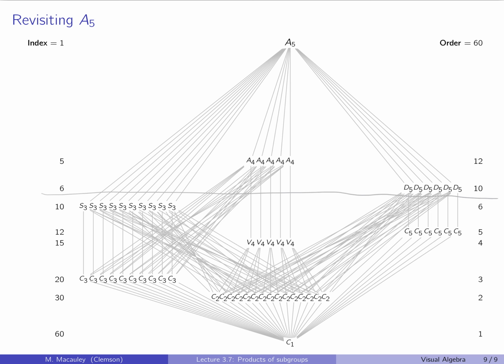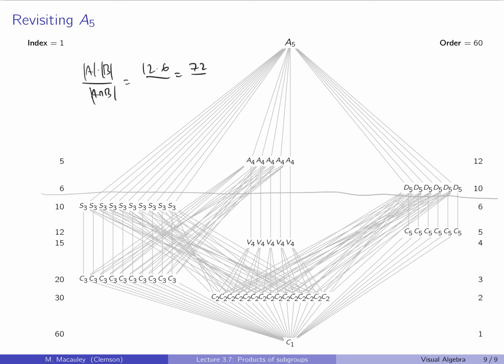But we also know that if we take one of these S3s and one of these A4s, they have to intersect non-trivially, because 6 times 12 is bigger than 60. The size of A times the size of B over the size of the intersection of A and B is 12 times 6, which is 72. Right now we know that the intersection has to be bigger than 1 because this number cannot be bigger than 60.